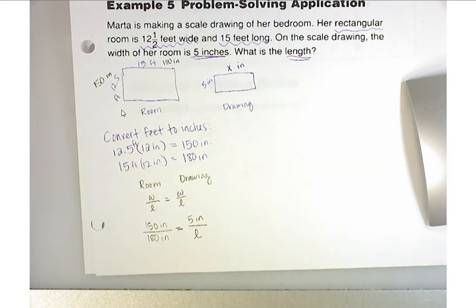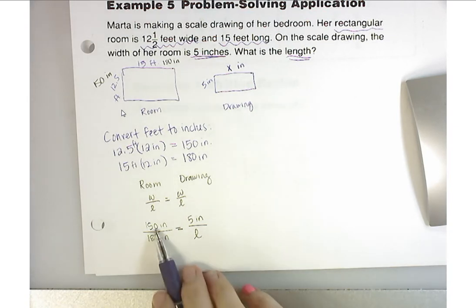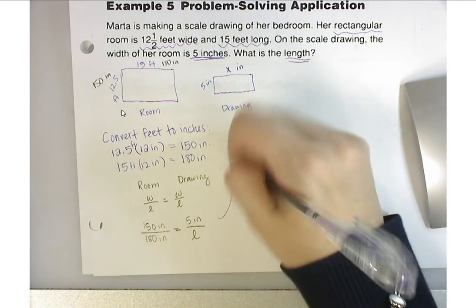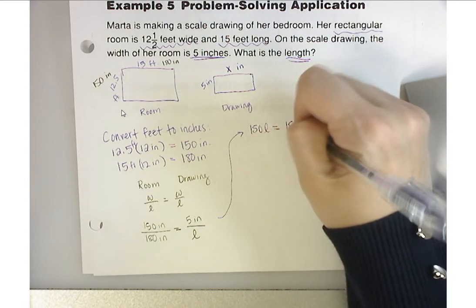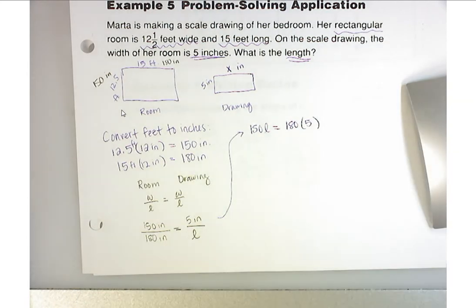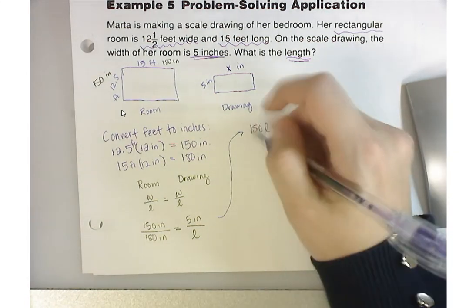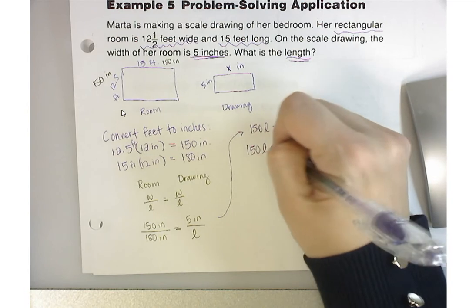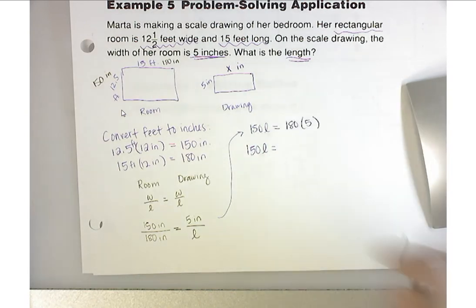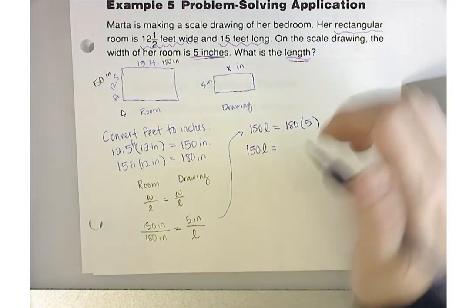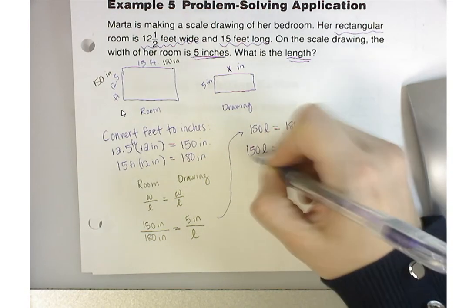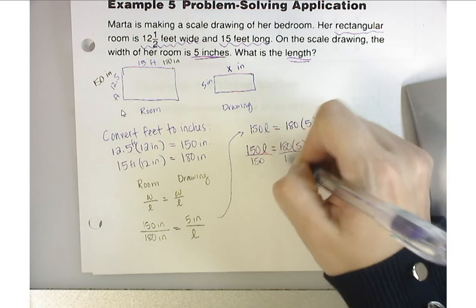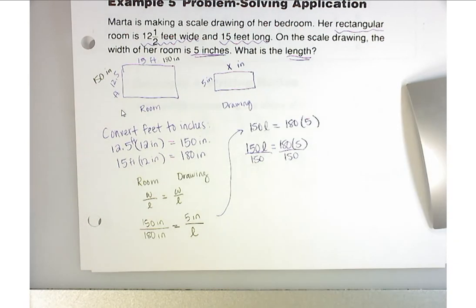So I can use my cross product rule to multiply. So I would do 150 times the length equals 180 times 5. So 150 times the length, I'm going to leave it like this, and I'm going to divide both sides by 150 so that I can reduce this without a calculator.